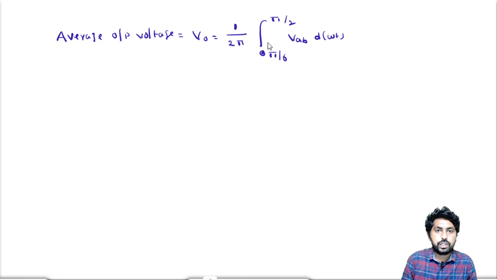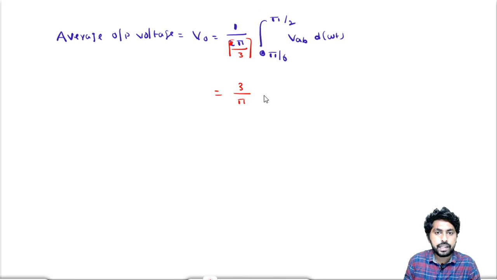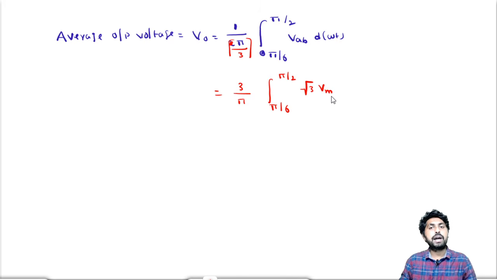So the average is 3 by pi into the integration of pi by 6 to pi by 2 of VAB d omega t. VAB equals root 3 into VM, the maximum line voltage, into sine omega t.